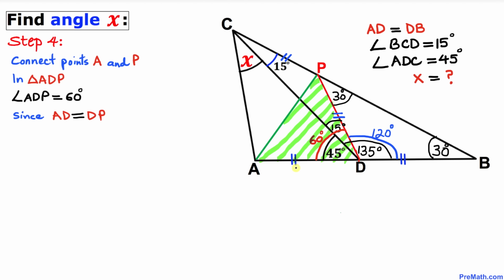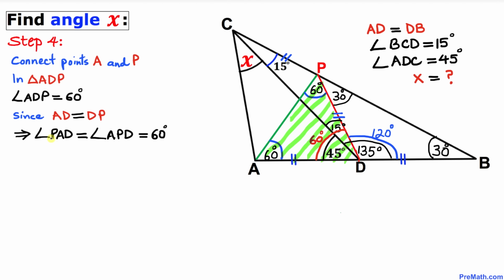Now we know that this side length AD is equal to this side length DP. So therefore, this angle is going to be equal to this angle, and since this angle is 60 degrees, these two angles have got to be 60 degrees each.